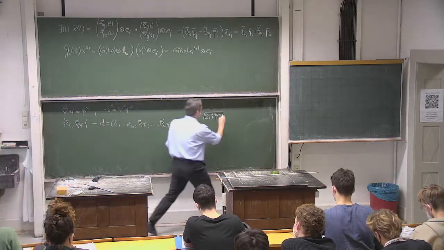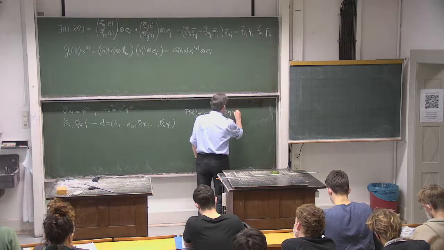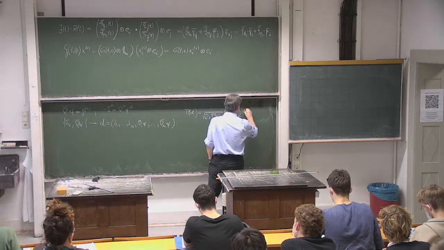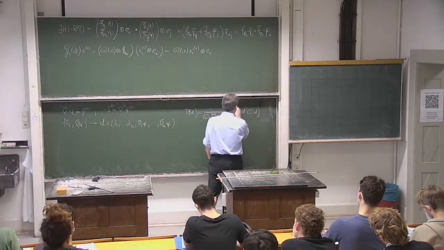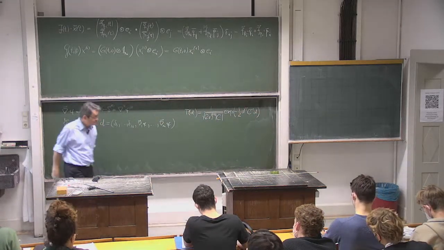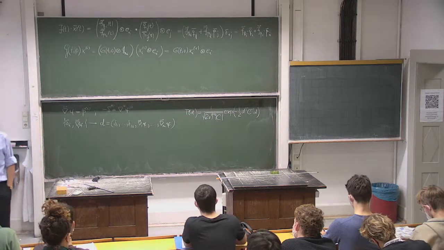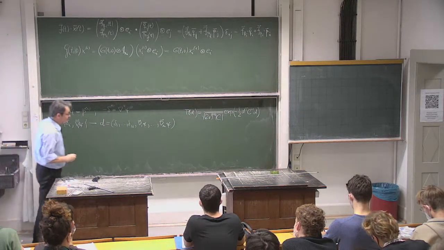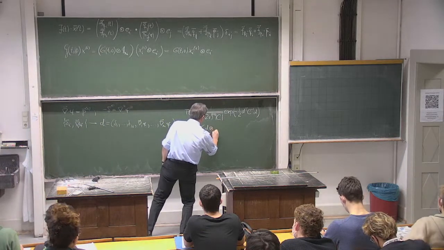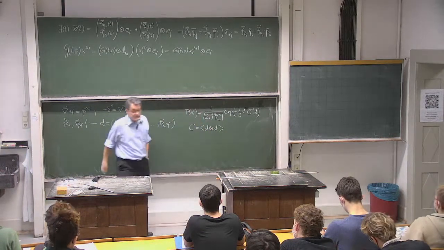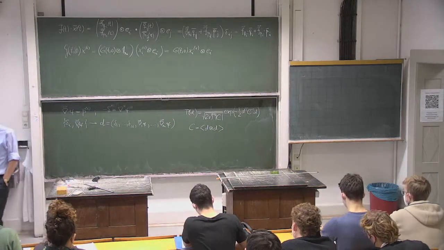And then we'll have the usual quadratic form for the Gaussian distribution, which looks like this. And the covariance matrix C is going to be the average of the tensor product of D with itself.